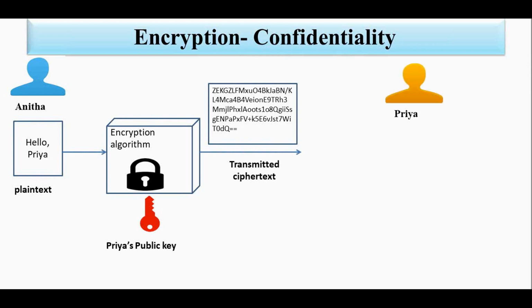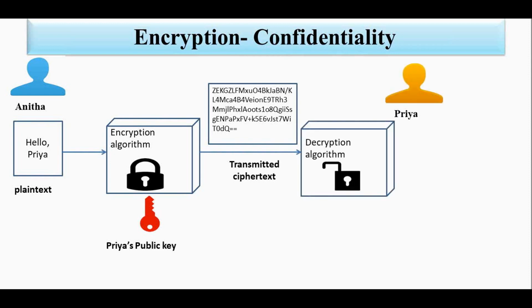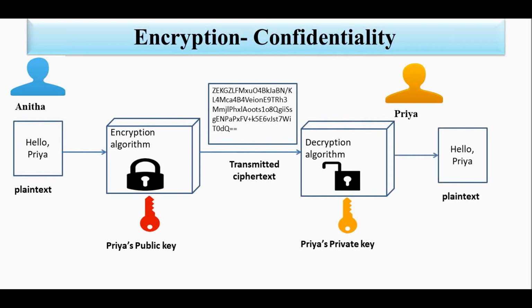Priya, on the other hand, takes this transmitted cipher text and applies the decryption algorithm using her own private key. Priya's private key will be kept secret by Priya. It will not be held by anyone else. So only she can decrypt it and read the plain text. This is about achieving confidentiality.